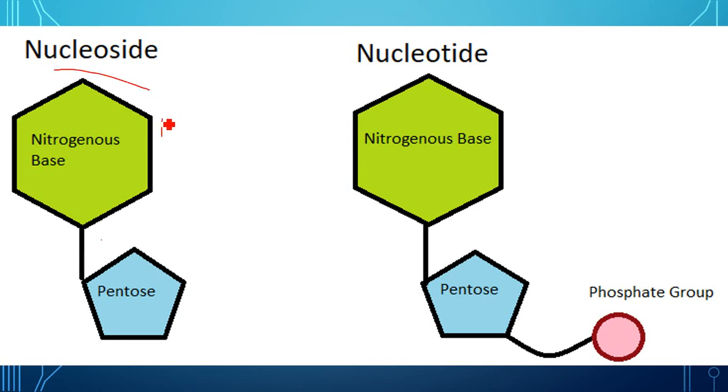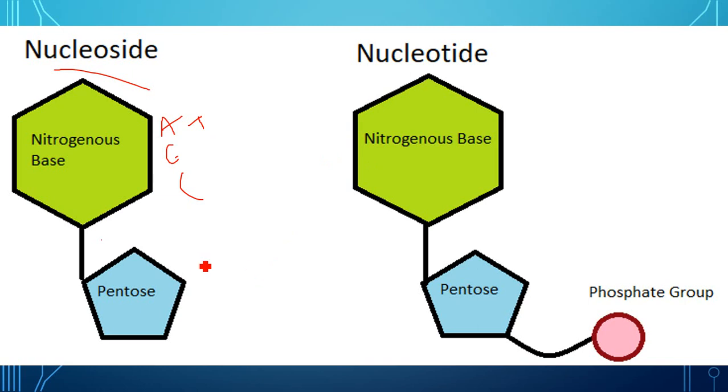So when the nitrogen base combines with the pentose sugar or 5-carbon sugar, it is called a nucleoside. We have four types of nitrogen bases: A, G, C and T: adenine, guanine, cytosine and thymine.